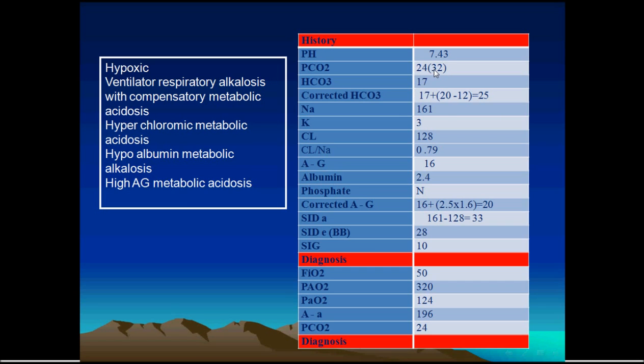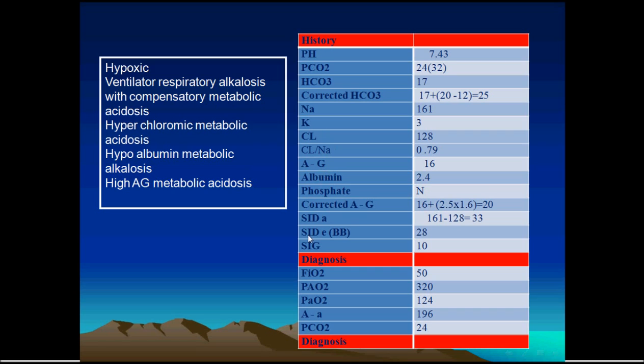What was the previous state of this patient before he developed some sort of respiratory distress and was put on the ventilator? Look, this is bicarbonate plus the anion gap minus 12. This will give you this, but here the anion gap is 16.